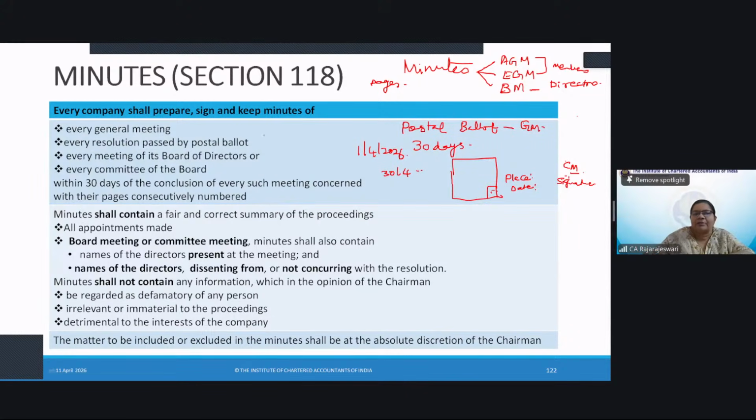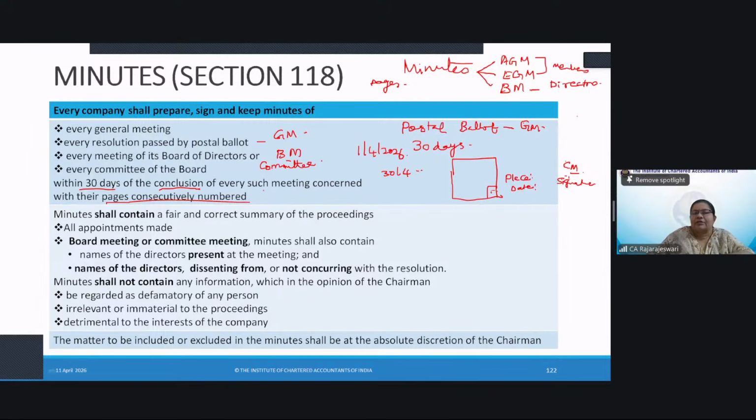Now, this is also part of the general meeting. So that is also recorded. And every meeting of the board of directors, board meeting also, or a committee meeting, that is also recorded within 30 days of the conclusion of every such meeting, with their pages consecutively numbered.